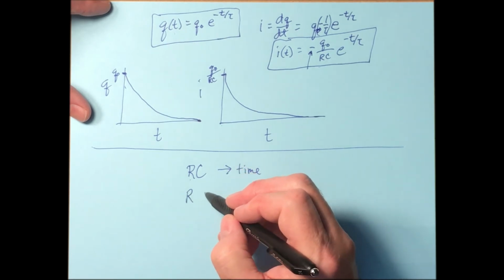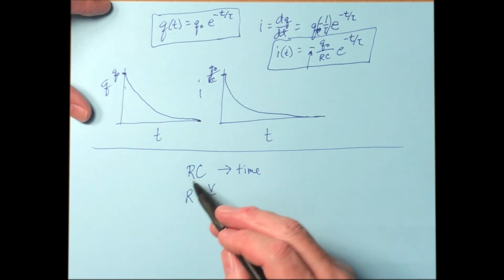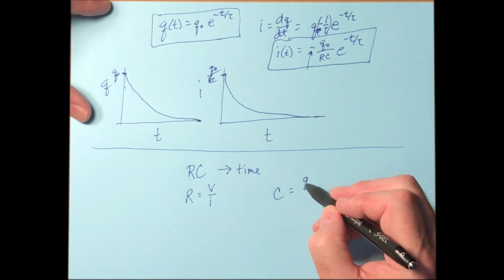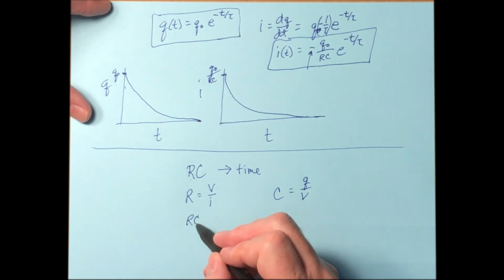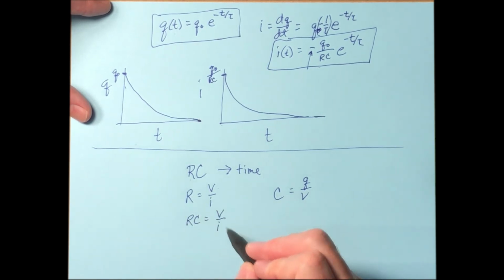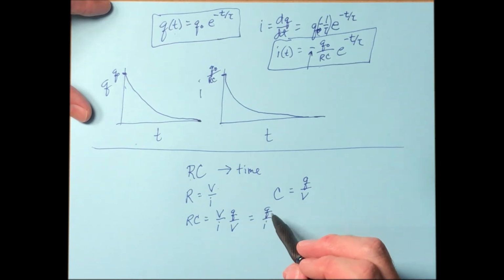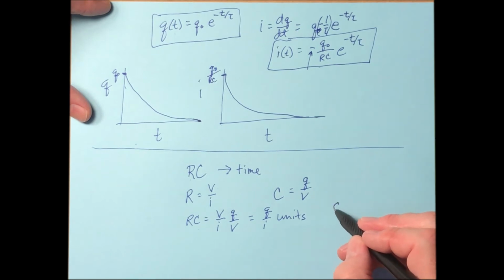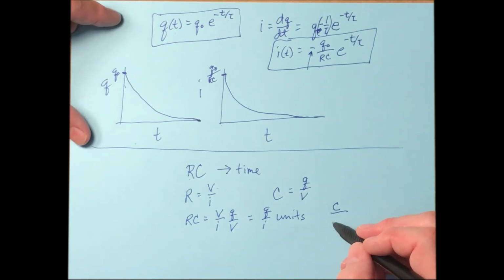First of all, R. You know that R is V over I. That's voltage divided by current. This is what we called Ohm's law. You also know that C, from the capacitor equation, is going to be Q over V. So let's take these two things, multiply them together. Then RC is going to be V over I times Q over V. And what are we left with? Q over I. Now, let's look at the units for this. The unit for Q is coulomb, divided by the unit for current, which is ampere.